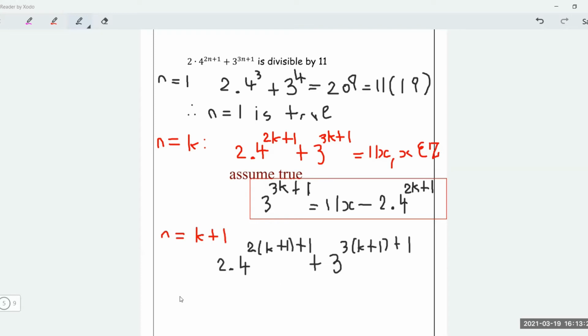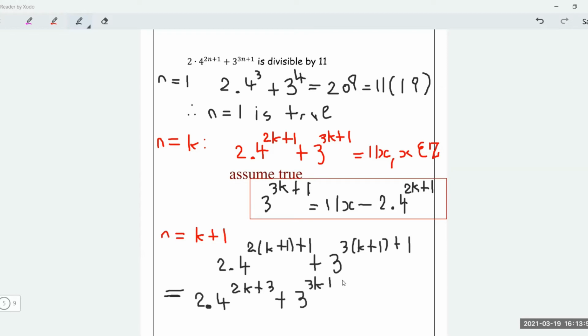This is going to work out now to be 2 times 4 to the 2k plus 2 plus 1, so that's 4 to the 2k plus 3, plus, over here, 3 times 3 to the k plus 4.